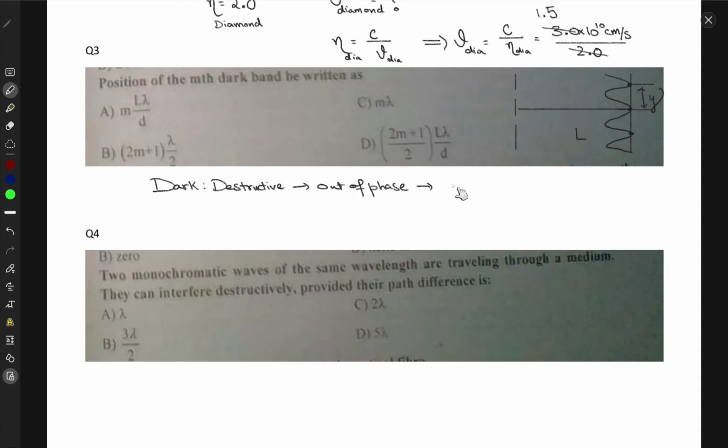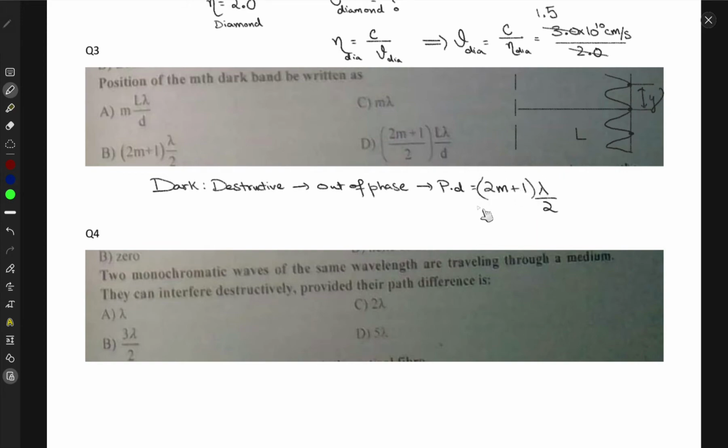And so the path difference, I'll just use P.D. for path difference, for these types of waves which are out of phase and producing a destructive interference, is given as 2n plus 1 times lambda by 2. Now this n is just any arbitrary variable. We could even call it m. It doesn't matter.